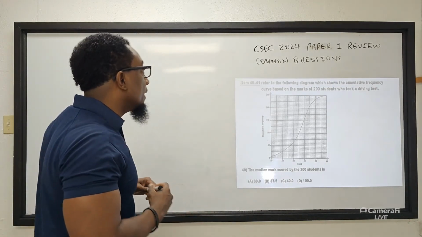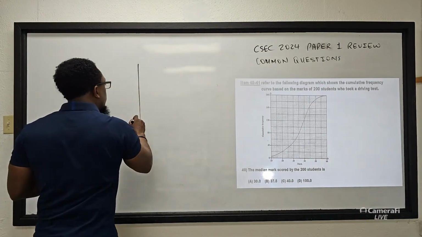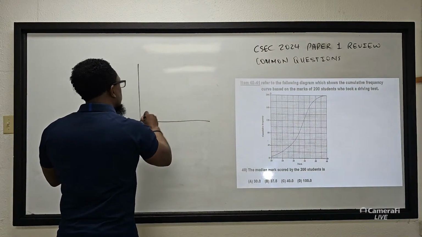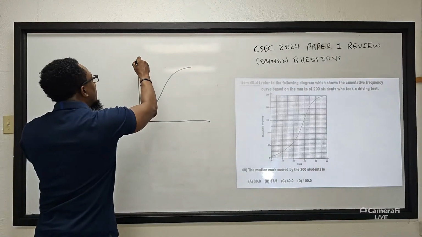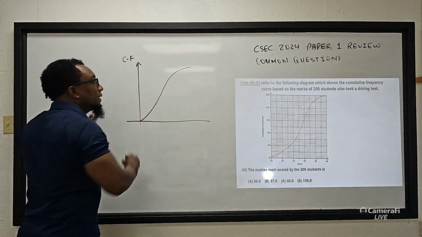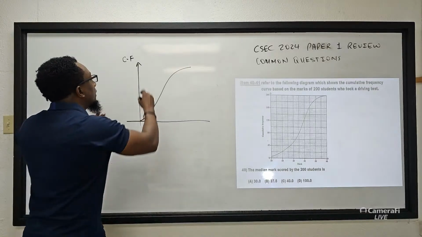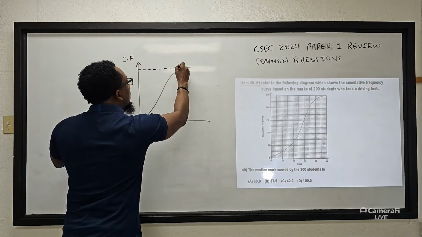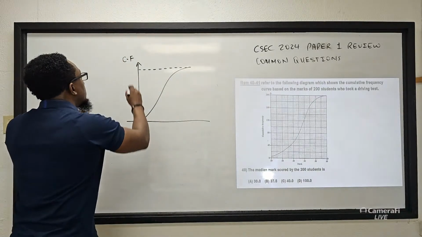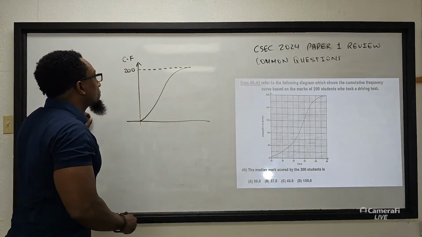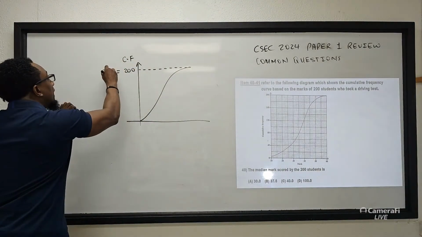So remember, the median mark is this. If you have a cumulative frequency curve, the median mark is, so this is cumulative frequency, yeah? And this here is the total frequency. So that's the total frequency of 200, which I'm going to denote by n.